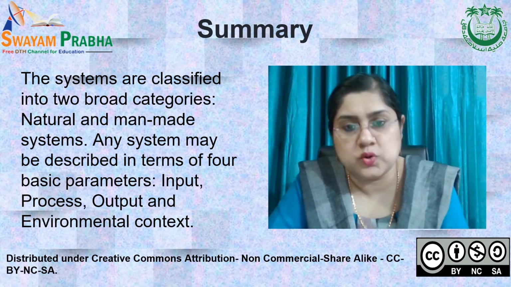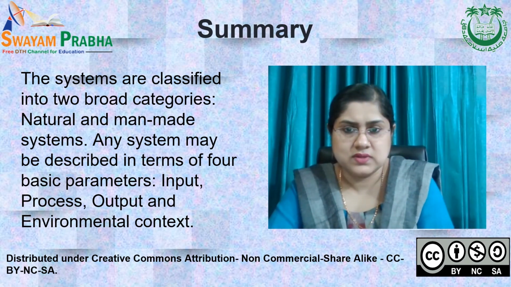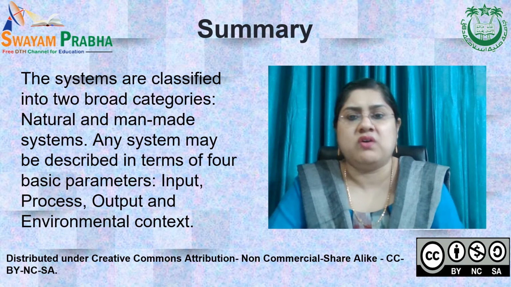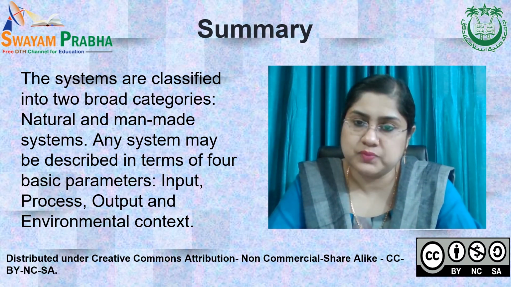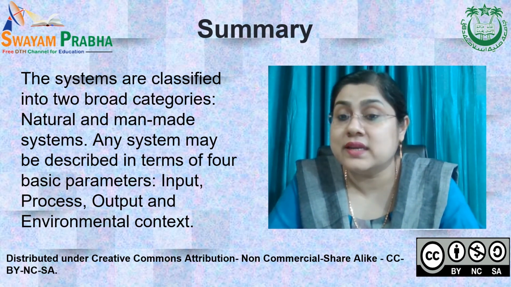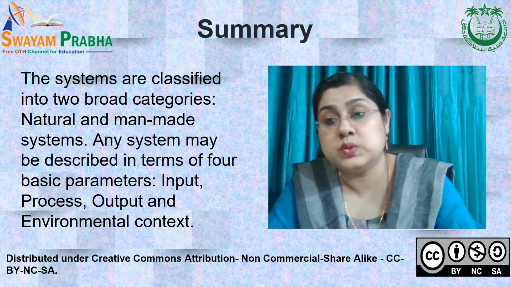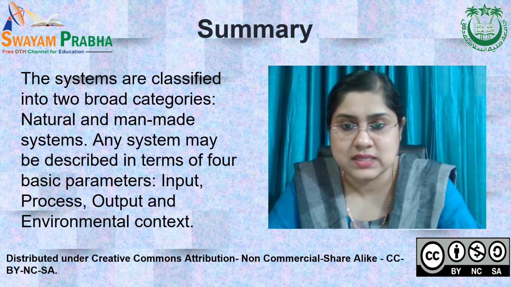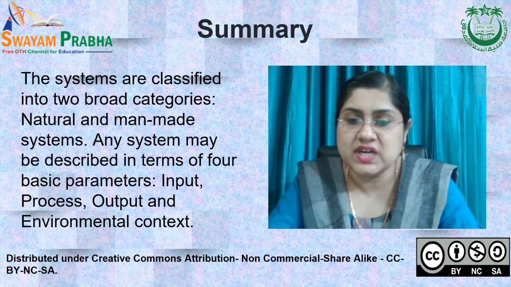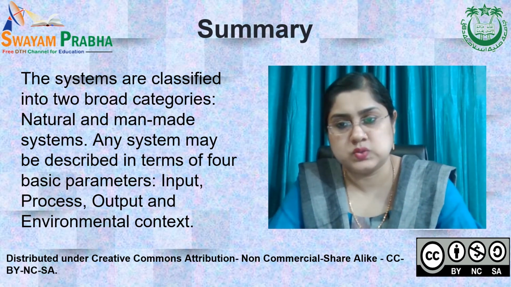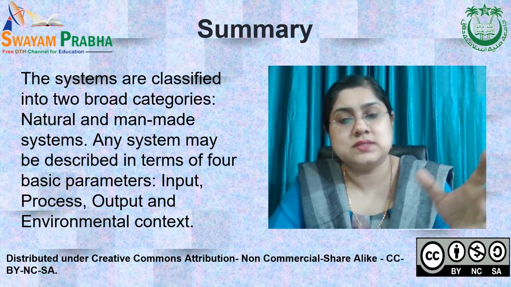Then the output: what we receive, the product of a system, that is the output. And the environmental context, which means all those conditions, factors, and constraints related to the physical and social environment in which the system operates.